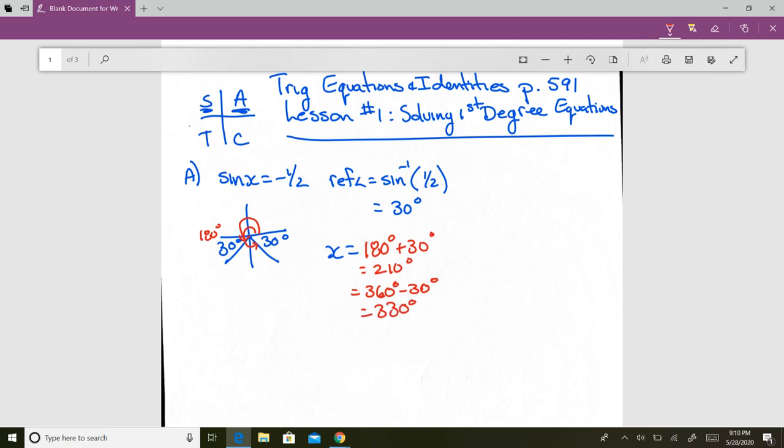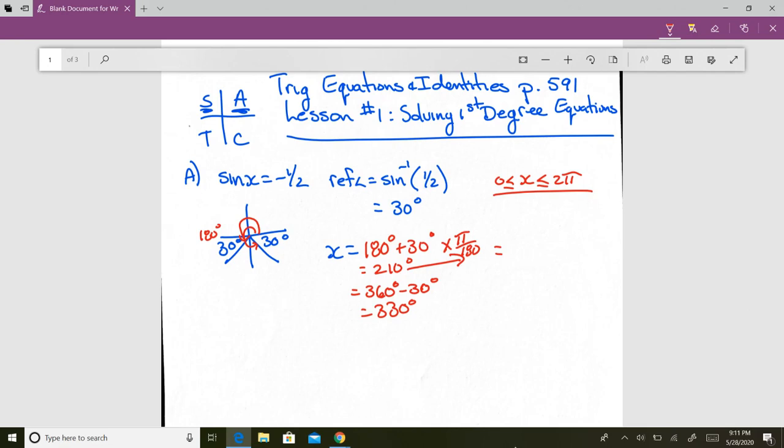Now, if you notice in the equation, they say that your x must be less than or equal to 2 pi, but greater than 0, which means our answers have to be in radians. So we have to convert 210 to radians. Remember, you can just go times pi over 180.